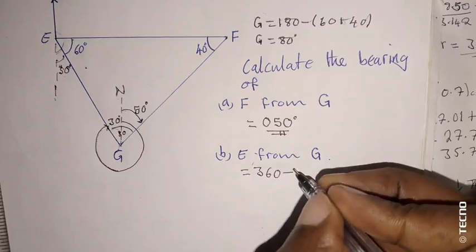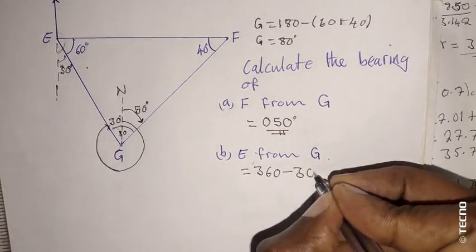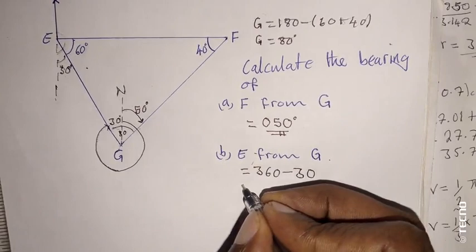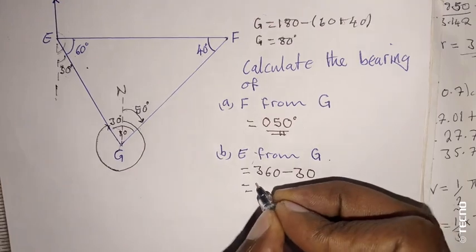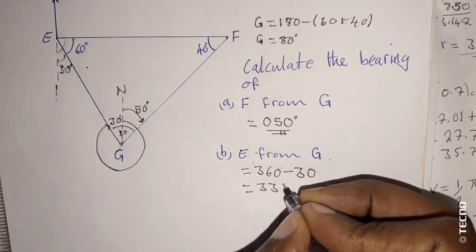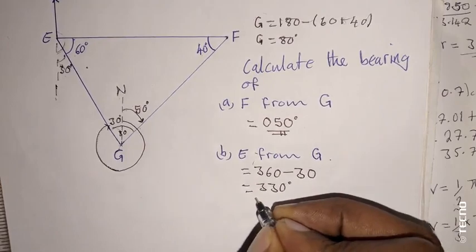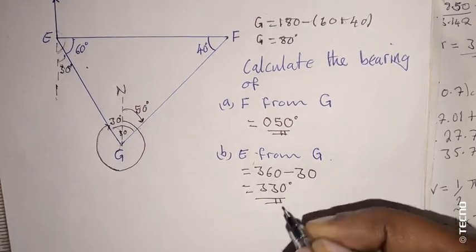So we take 30 from 360. What are we going to have? 360 minus 30, we have 330 degrees. So this is the answer.